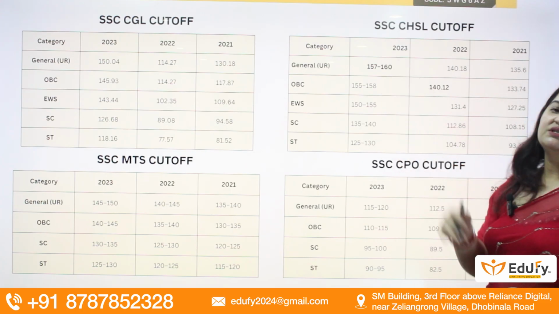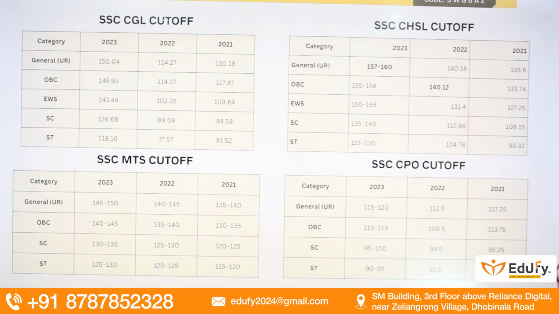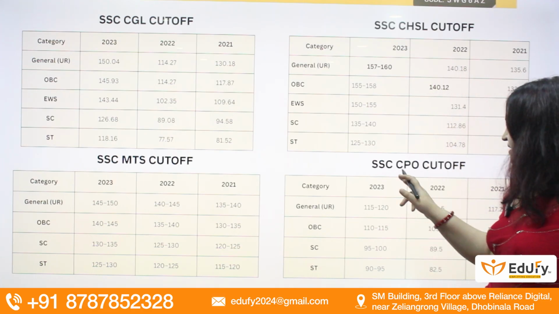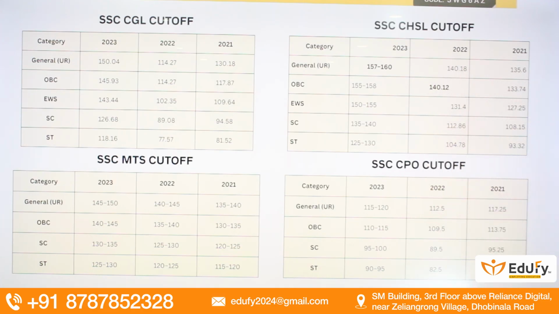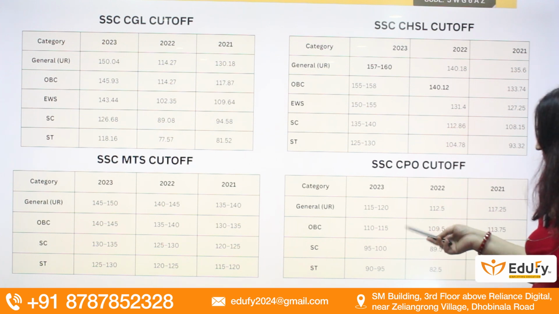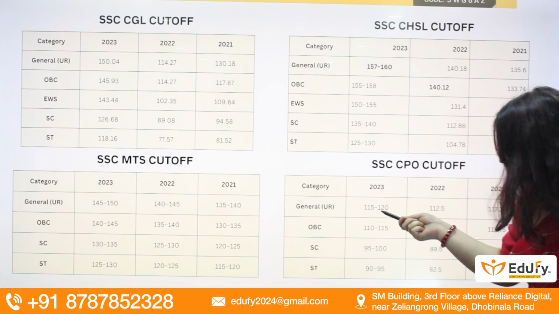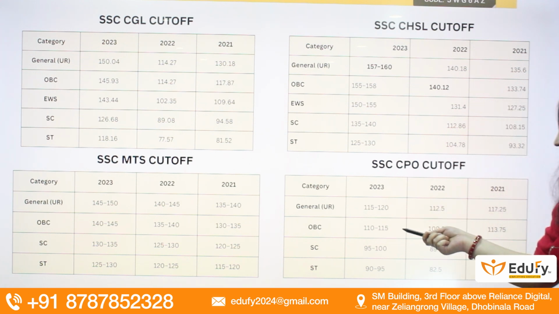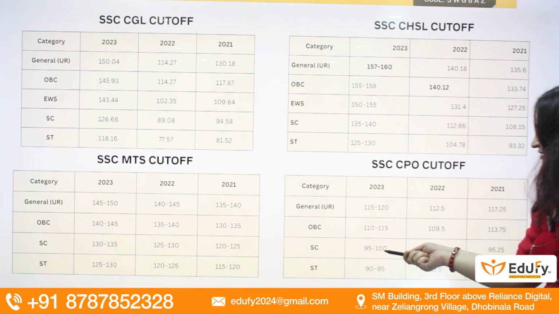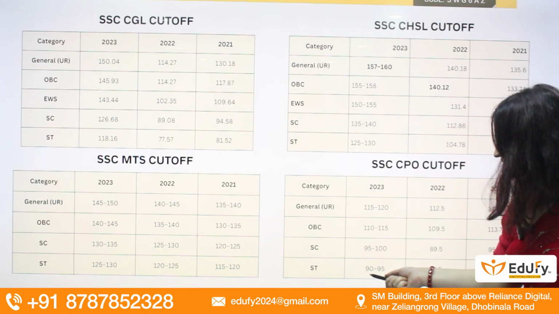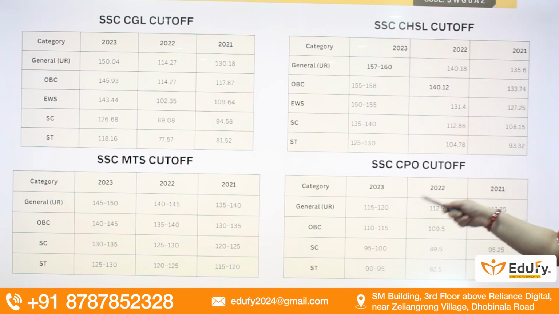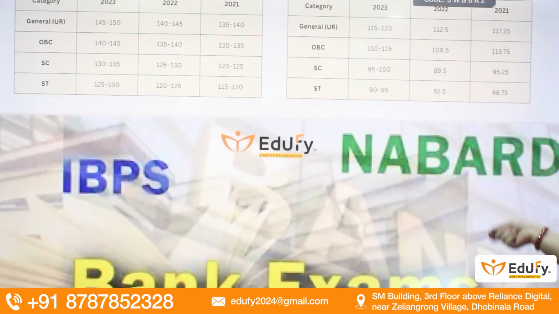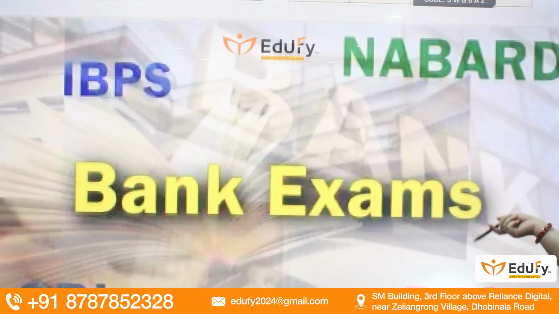So here you will see a comparatively higher side of the cutoff because it's a CHSL exam. CPO cutoff, that is the police organization, then the cutoff is 115, OBC 110, 95 to 100, SC, ST 90 to 95. You can see the other years' cutoffs also. So that was about SSC.